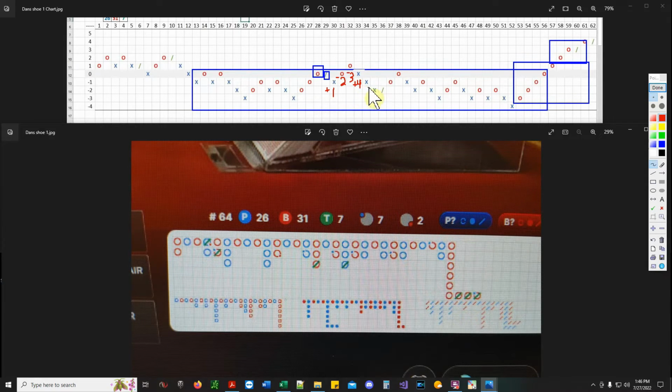You win that bet. Go to a 3 bet because you're coming down by 1. You win that bet. A 2 bet, coming down by 1. You win that bet. Next bet is a 1 bet. You lose. Next bet is a 2 bet. You lose. Next bet is a 3 bet.